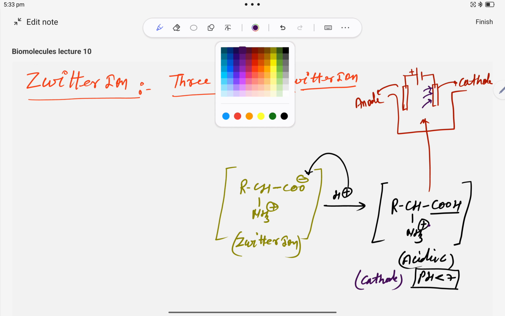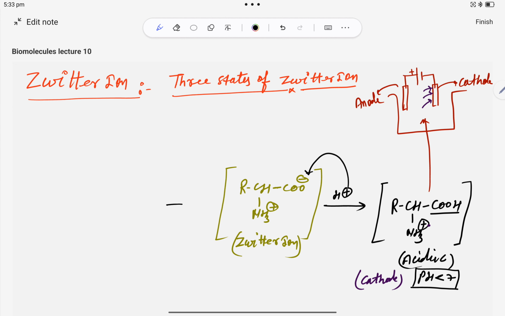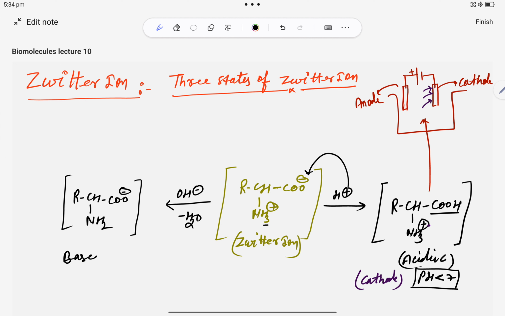At the same time, if you are adding OH minus, then what happened? OH minus will take one hydrogen from here and water will be removed, and the species formed is R CH COO minus and here NH2. In that case, what is the nature of this species? It's a basic nature. Why basic?